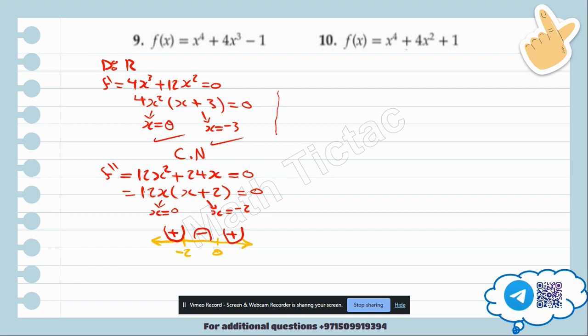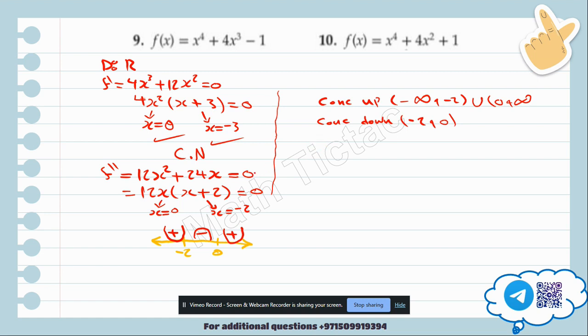So I will write now that I have concave up from minus infinity to minus 2, union with from 0 to infinity, and I have concave down from minus 2 to 0.